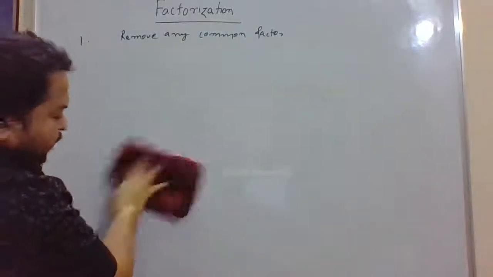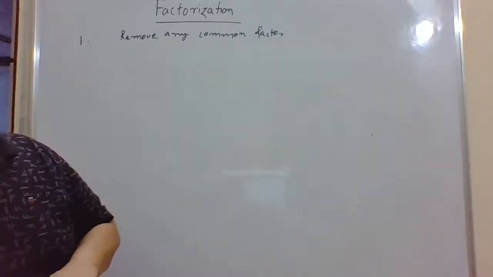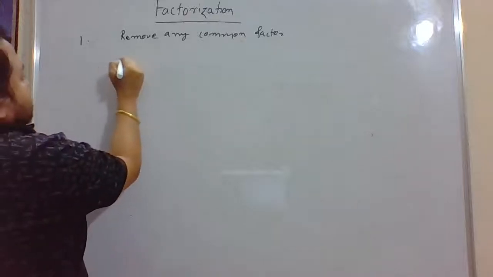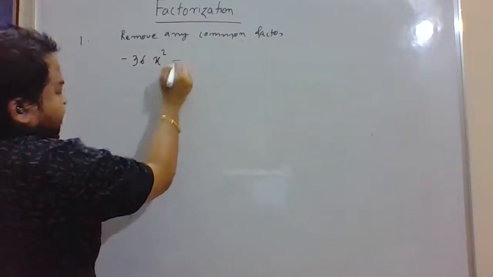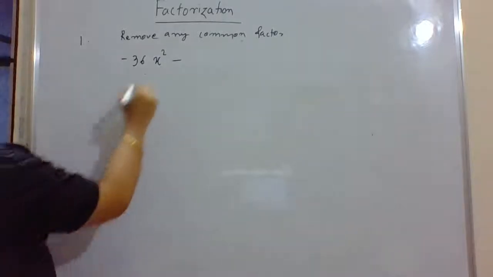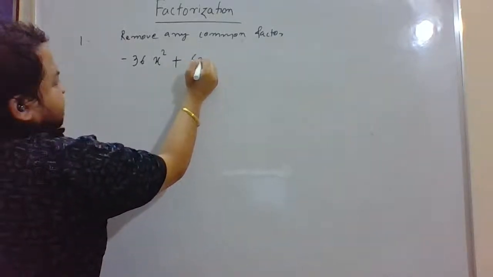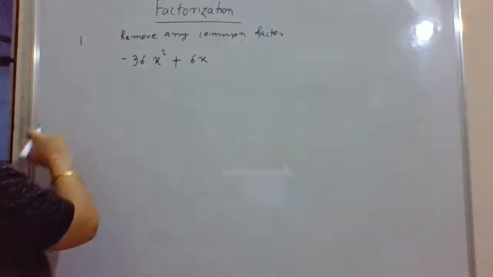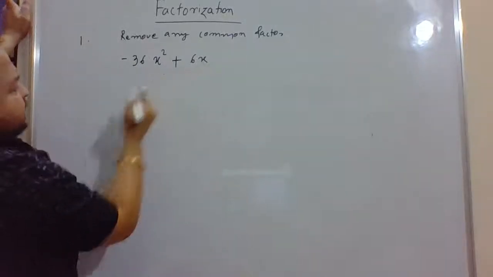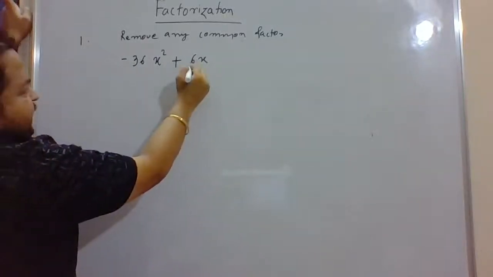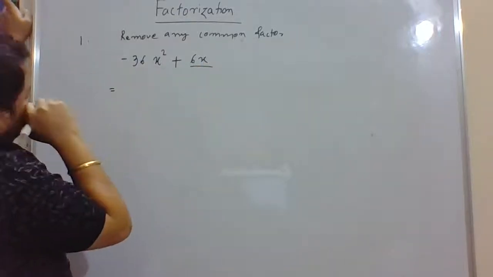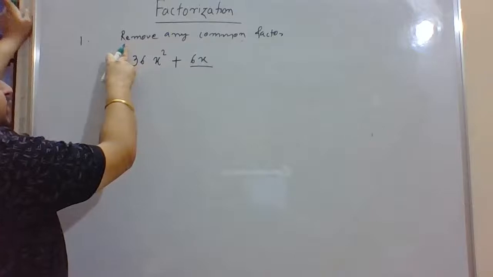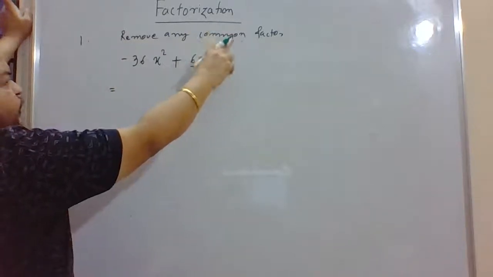So let's go into one more quick practice problem, and that is minus 36x squared plus 6x. If you see here, in these two terms, I can take 6x as common. If I want to fully factorize it, the first step says remove any common factor.